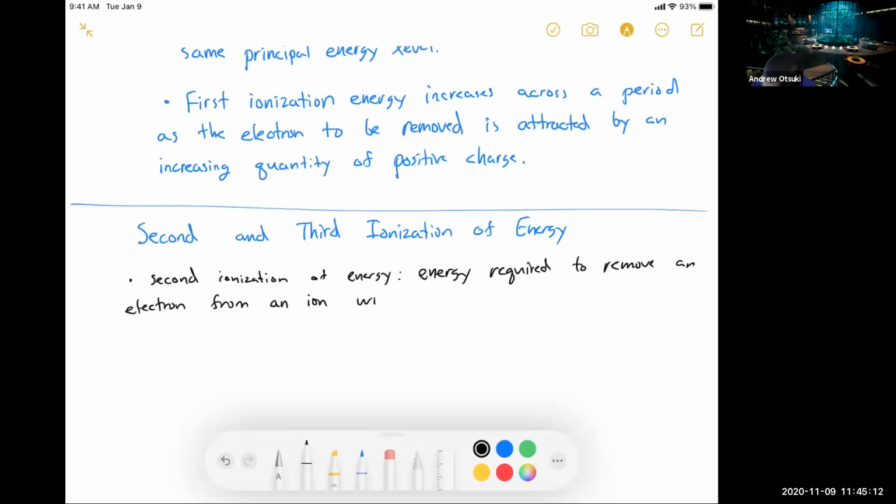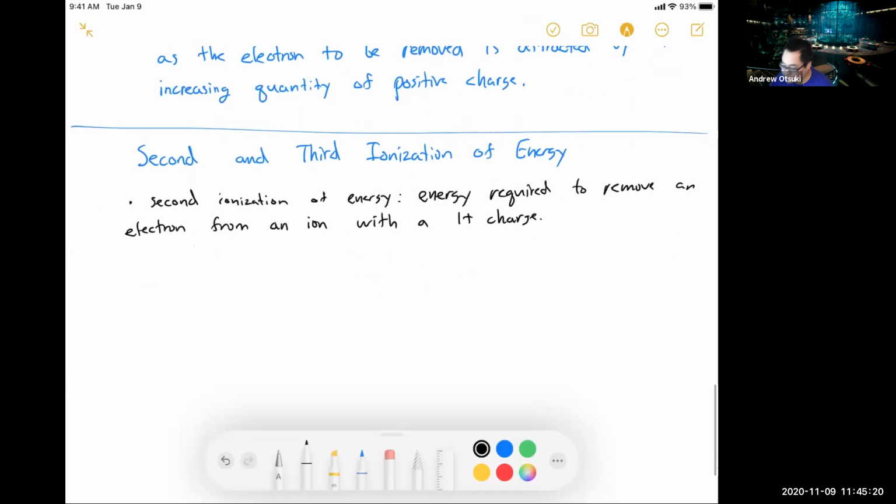Likewise, the third ionization energy is much of the same thing, except this time you're removing an electron from an atom with a 2+ charge.